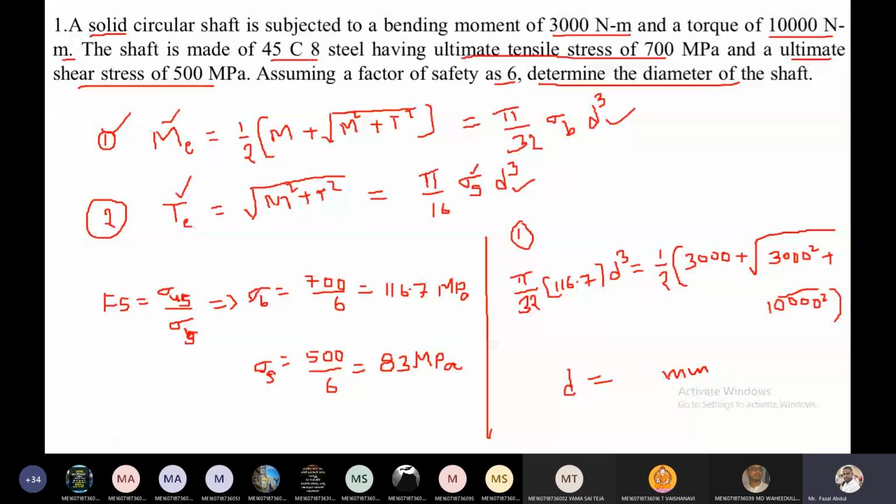Everything I have written on the screen. You only need to substitute the values in the calculator and tell me the answer. Write the answer in the chat box. I request all students to write the answers in the chat box. What is the d value?